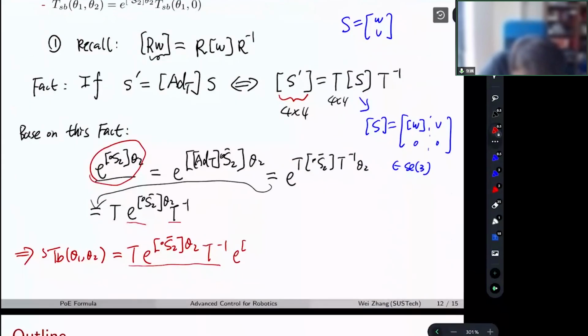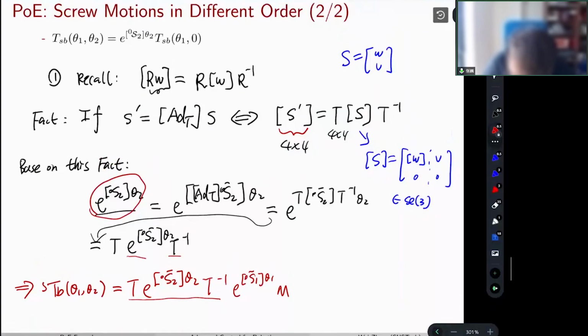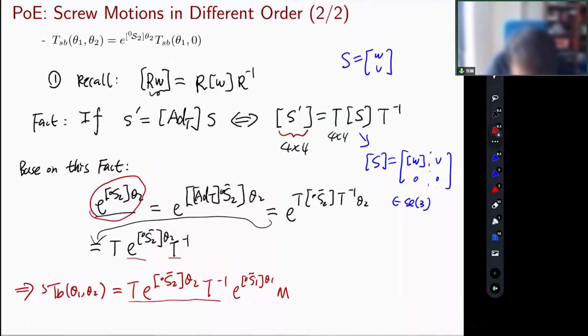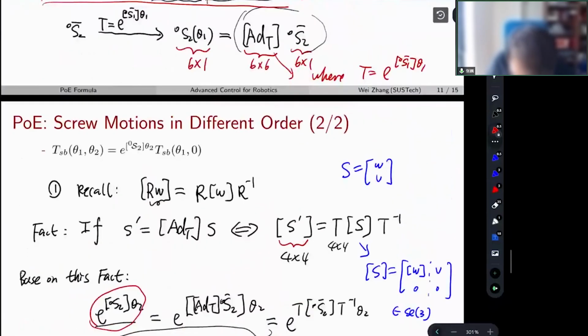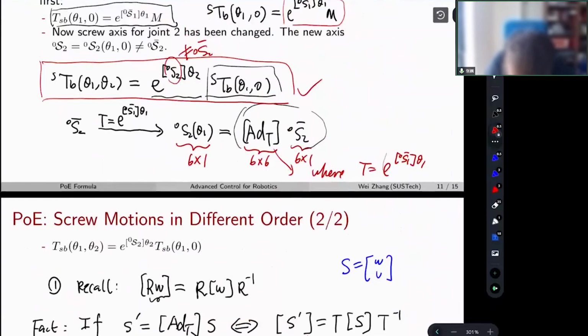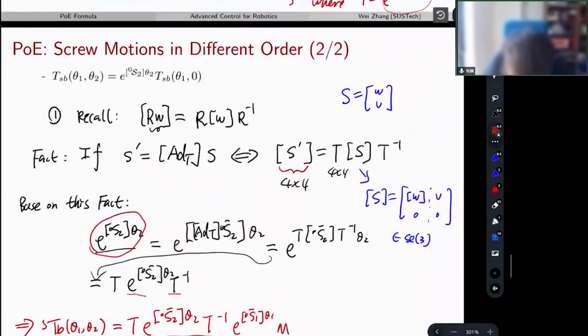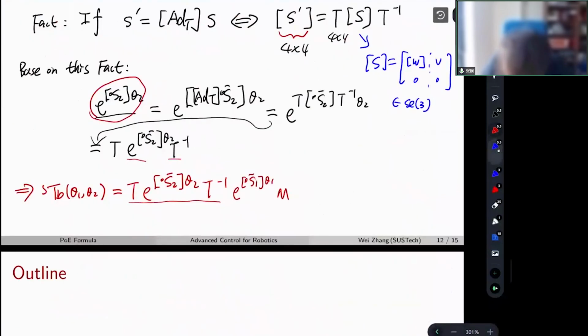Let's copy that down. It's e to the S1 0 bar theta 1 times M. If you take a further look, T is exactly this e to the S1 0 bar theta 1, and these two things get canceled out.